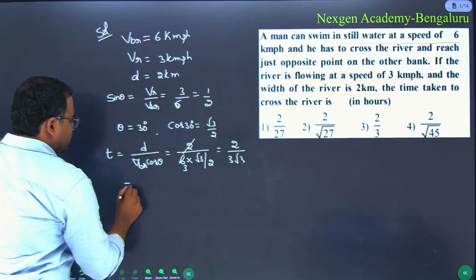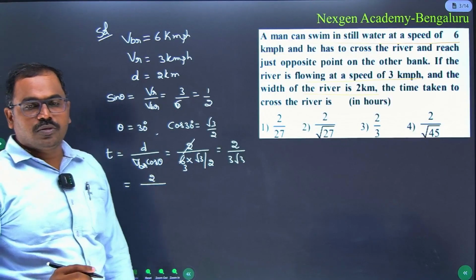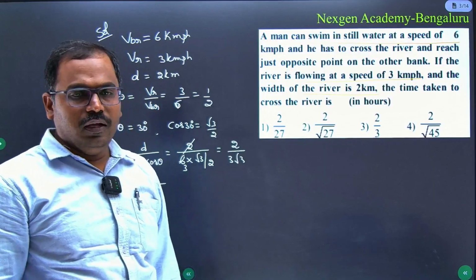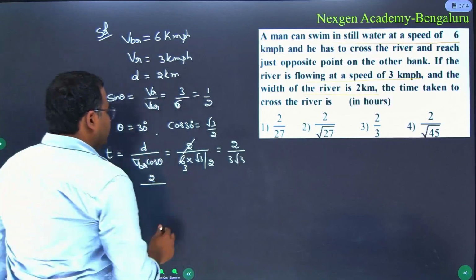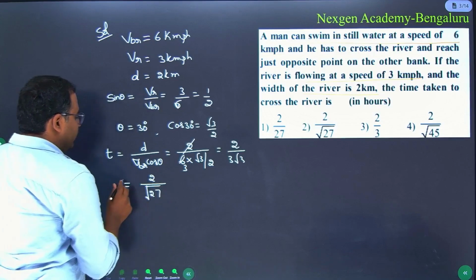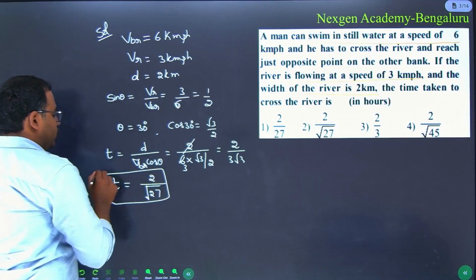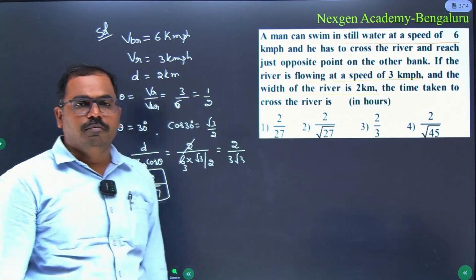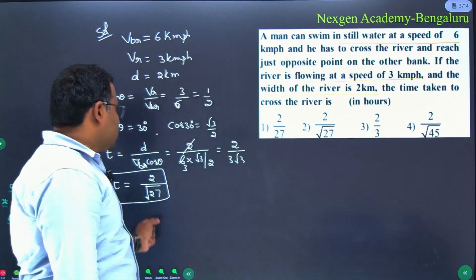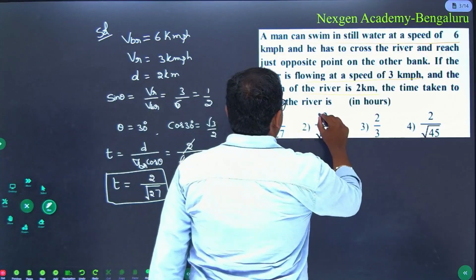Or this can also be written as 2 by, this 3 which is outside the square root can be taken inside the square root as 9, 3 square. So already 3 is there in the square root. This can be written as square root of 27. So 2 by root 27 is the answer. Time taken by the man to reach the opposite bank exactly at the opposite point is given by 2 by root 27. Okay, which option? This one, the second option is correct.